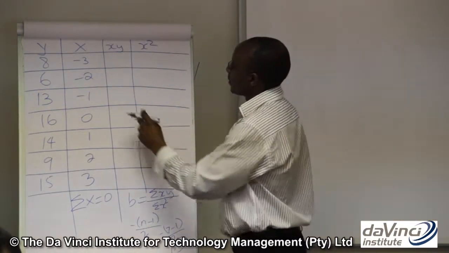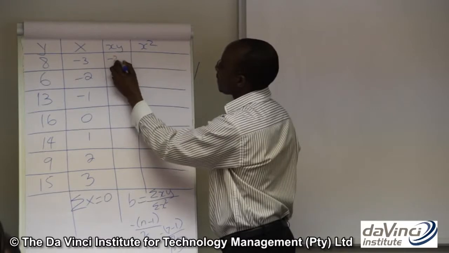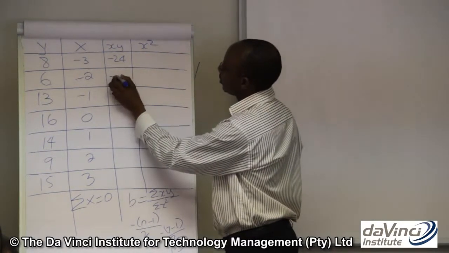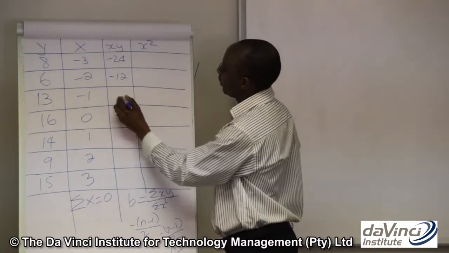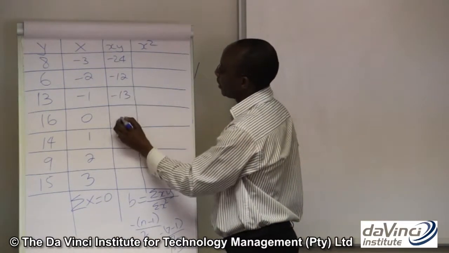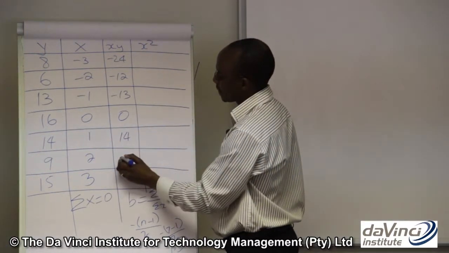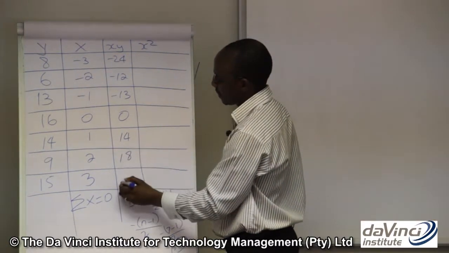So what would be xy here? Minus 24. And here, minus 12, minus 13, 0, 14, 18, 45.